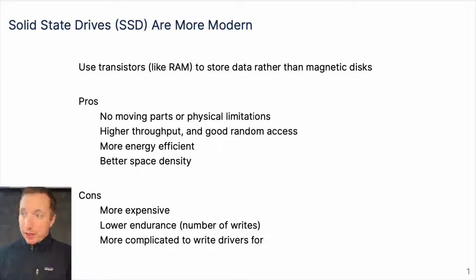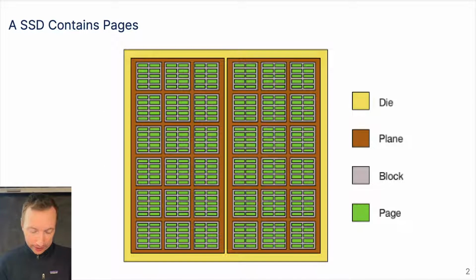So if you want to optimize for SSDs, one thing you need to do is minimize the number of writes, because that is the limiting factor for how long it lasts. And it's going to be more complicated to write drivers for, and that comes as a result of how it's constructed, and we'll see what that looks like.